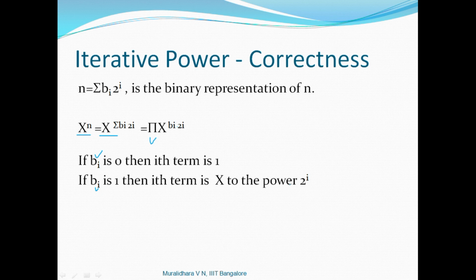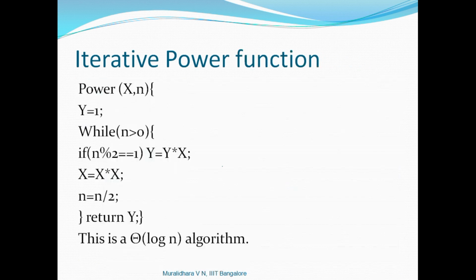Checking whether n is odd or even is essentially the same as checking whether b of i is 1 or 0. The number is going to be odd if and only if b of i is 1. In this case I multiply y is equal to y into x, but x in this case will be x to the power 2 to the power i, because every time I go inside the loop, x is going to be squared.